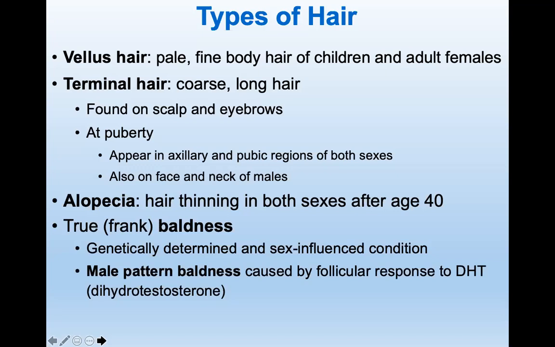Nowadays, you can just do a hair implant, where they go into your scalp and plant individual hairs into your scalp. But your own natural hair, if you do have the gene, will typically start to happen around the age of 40 for males, sometimes younger, and it will continue for the rest of your life until you lose all of your hair.